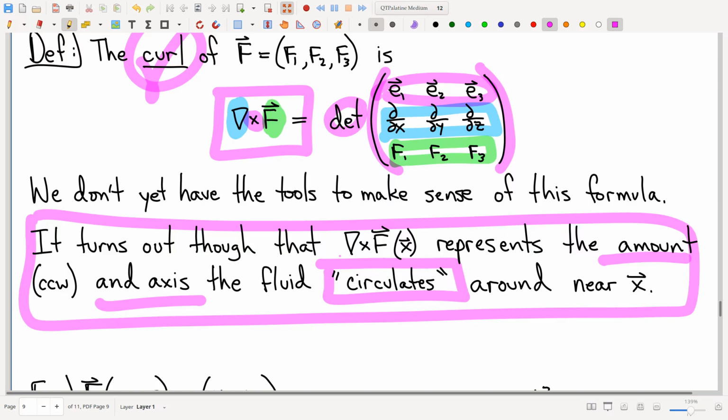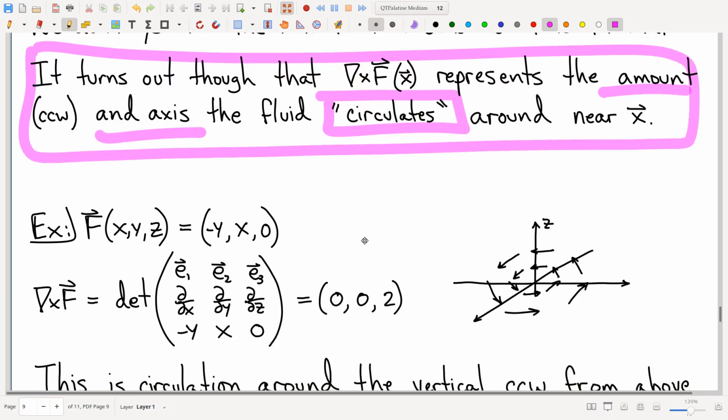So more rotation will give you a greater magnitude of the curl. Less will have less magnitude, and the direction of the curl is always the axis that you're rotating around. Again, why comes much later.